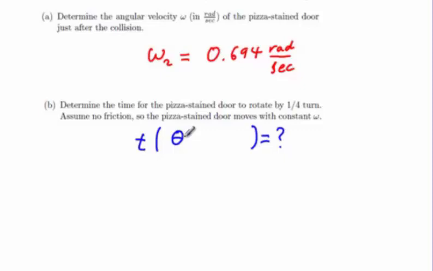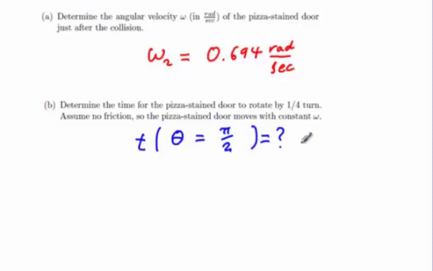Because our omega is in rads, we won't express the question as time when theta is 90 degrees, which is a quarter turn, but rather we'll ask for time when theta is pi over 2, so that the units on theta and the units on omega are consistent.